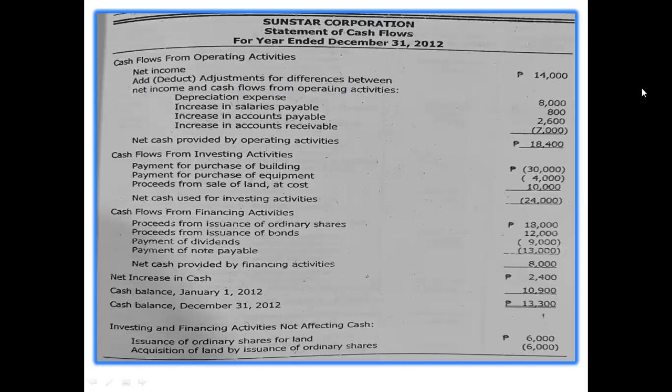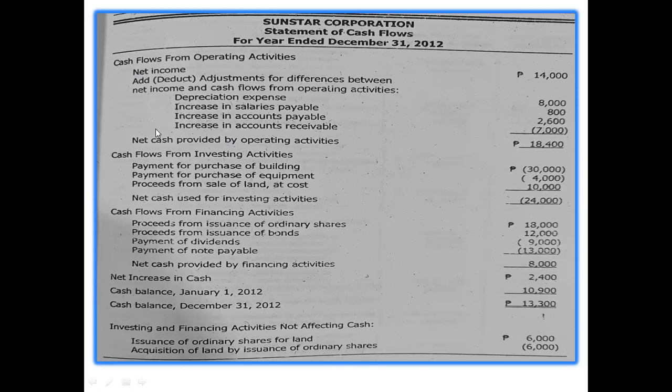Okay, so this is an example of a statement of cash flows. There's the name of the corporation, and then the title, statement of cash flows, and then for the year ended December 31, 2012. All right, so there are three classifications under the cash flows: operating, investing, financing.